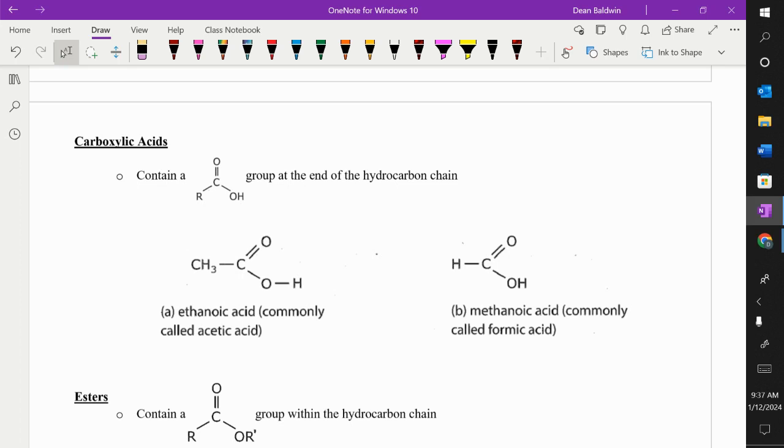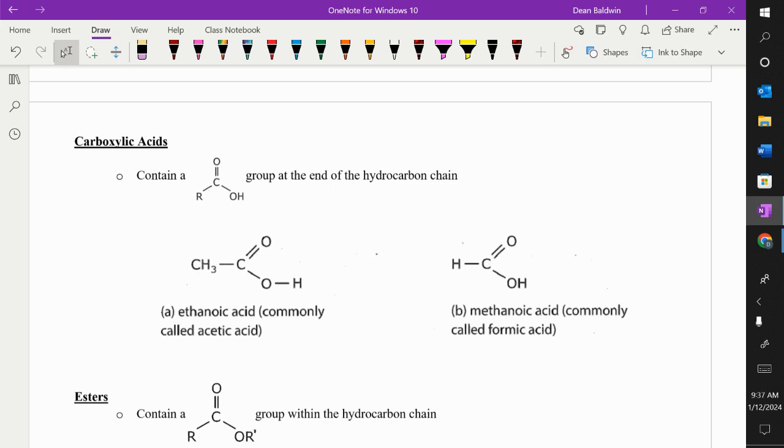So we learned about acids right at the beginning of this course, and I may have said that there are different types of acids. We learned that acids always start with H, like HCl, HBr, H2SO4. Carboxylic acids do not. They have the form C double bonded to an O bonded to an OH.